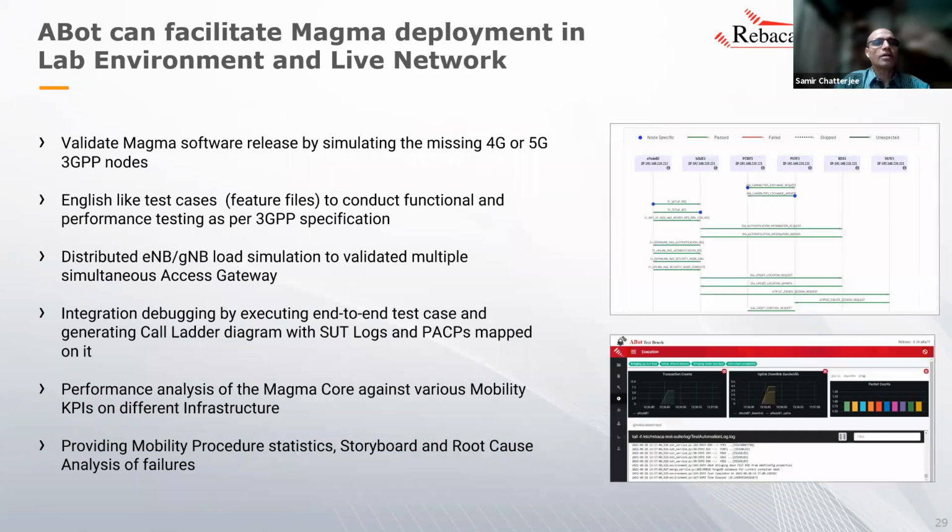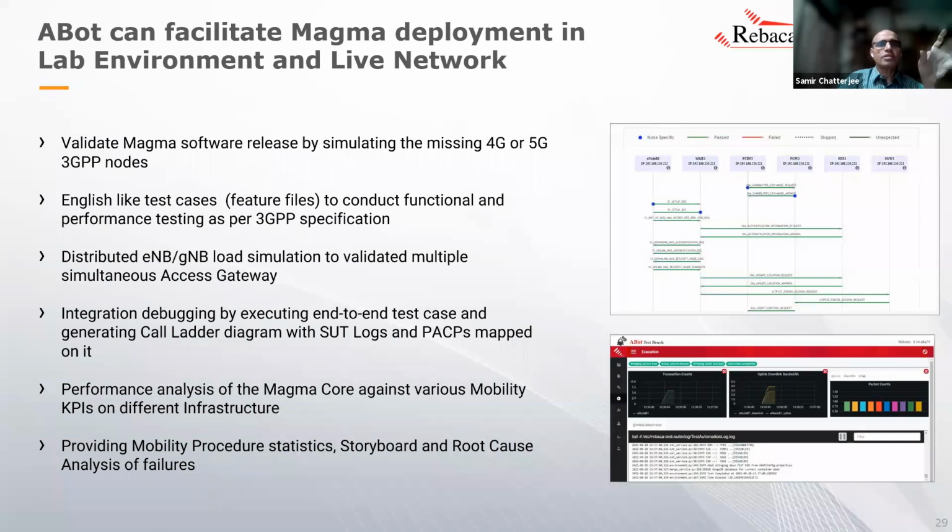Next slide, Kadir. Sure. Thanks. So in a nutshell, what we can do is we emulate all the 4G, 5G nodes, 3GPP nodes. So in Magma, as they're making the releases, whatever you're deploying, we can emulate the various nodes, and then we can run the test cases.